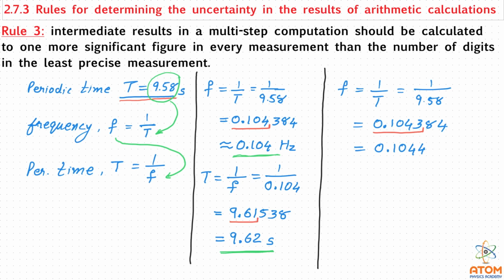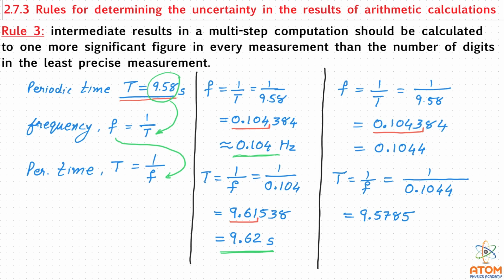Now I will use this value of frequency in finding the periodic time, so it will be 1 divided by 0.1044, and using this value you will get 9.5785.